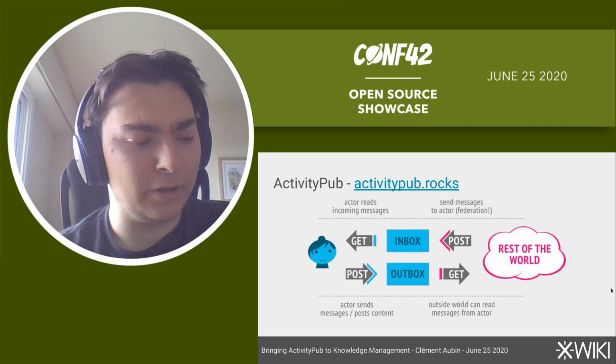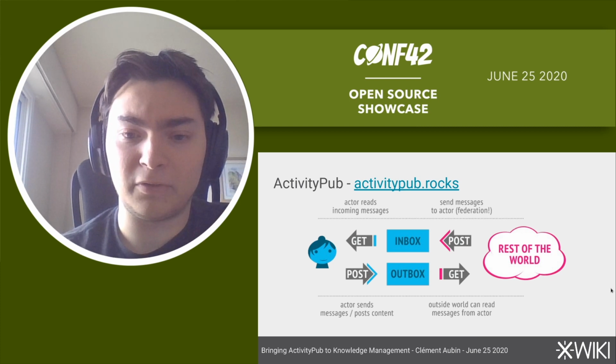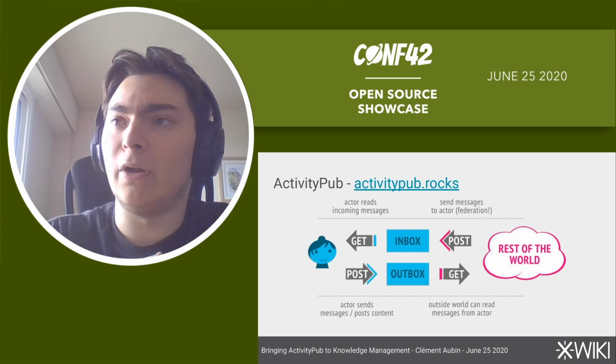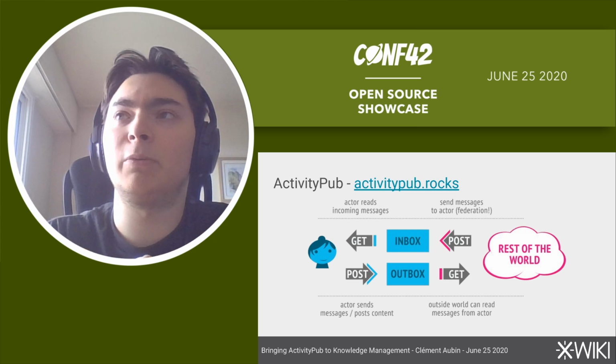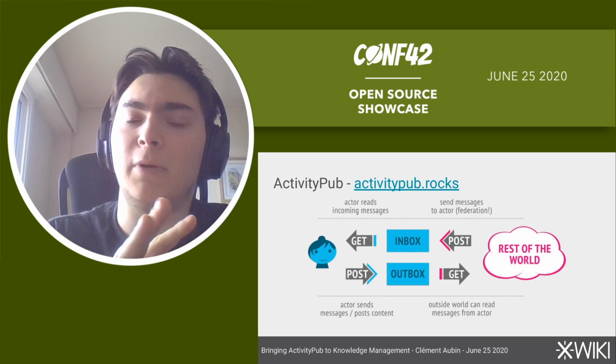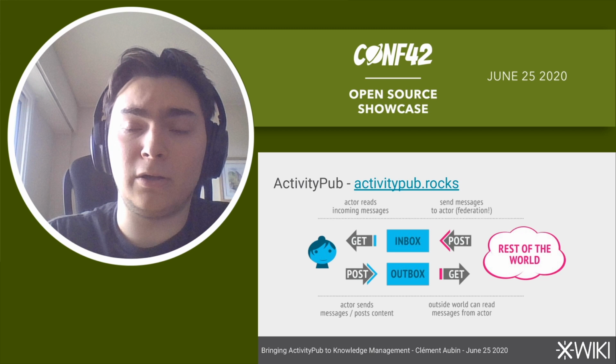Going a bit more in depth about the specifics of ActivityPub, here is a very good schema that comes from activitypub.rocks, the official website, which explains very basically how the protocol works.